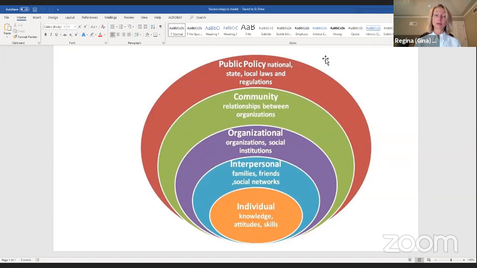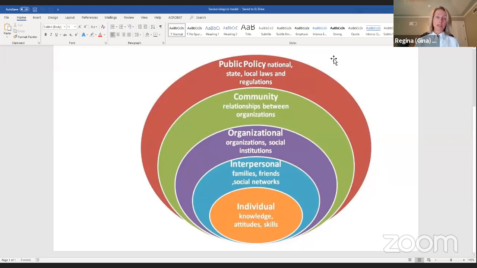But we also have to think about education and health promotion as being inextricably connected to this model. So if we're offering health education, health promotion using an evidence-based approach, we can't simply apply a one-size-fits-all mentality.